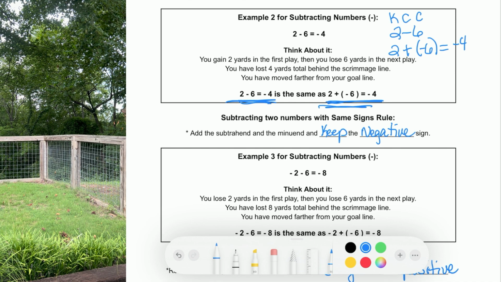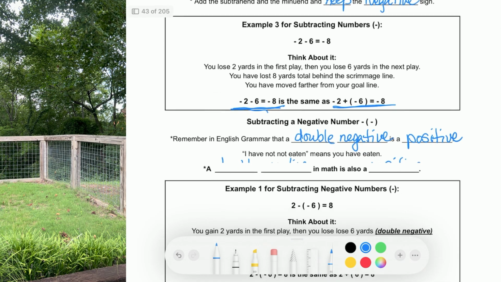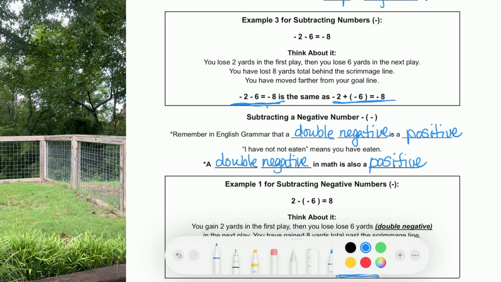Let's do the next one. Keep, change, change. Negative 2 minus 6. We're going to keep the negative 2, change that to plus, change that to negative 6. That is in fact negative 8. And you again can see how they are the exact same problem.